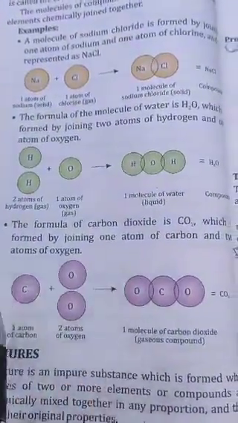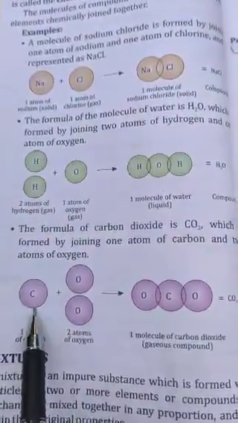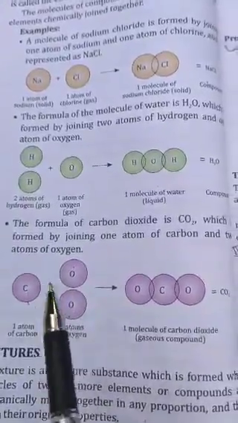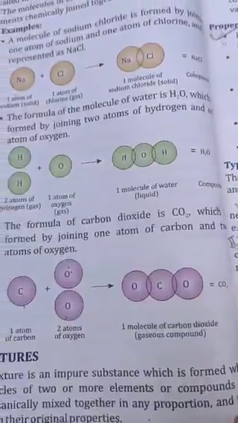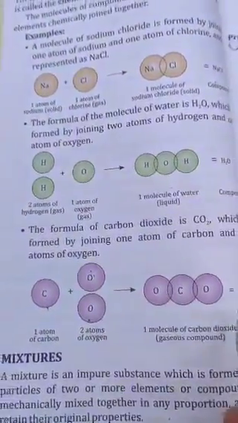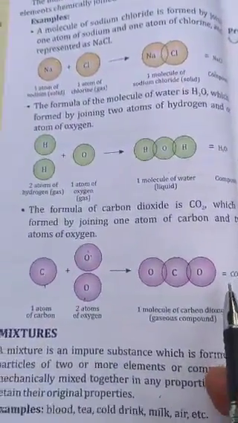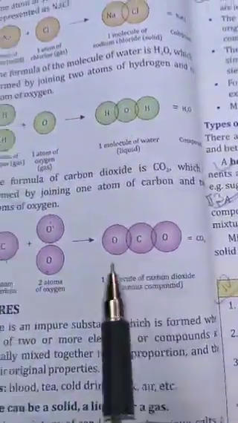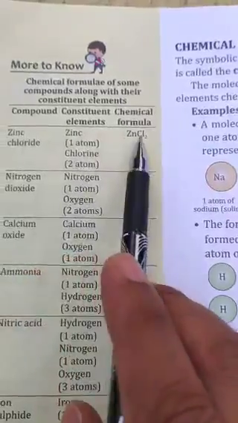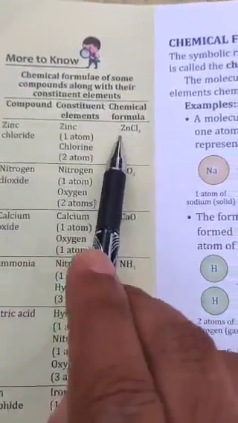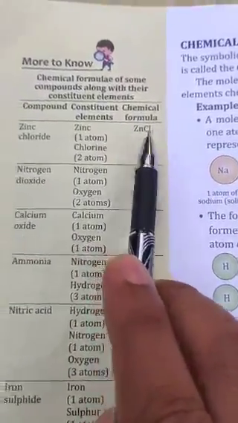Similarly, look here, CO2, carbon dioxide: 1 atom of carbon and 2 atoms of oxygen combine together to form one molecule of carbon dioxide. These are the chemical formulas written here. Look at zinc chloride, ZnCl2: 1 zinc atom and 2 chlorine atoms.